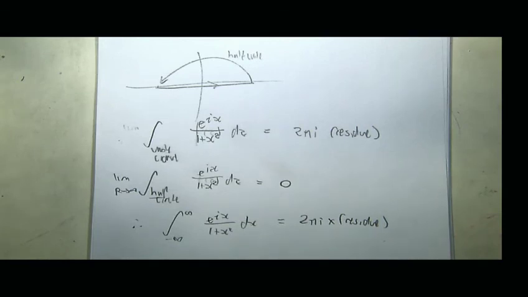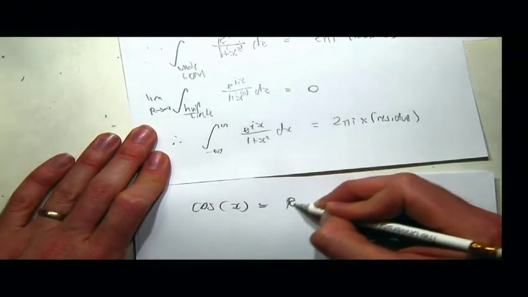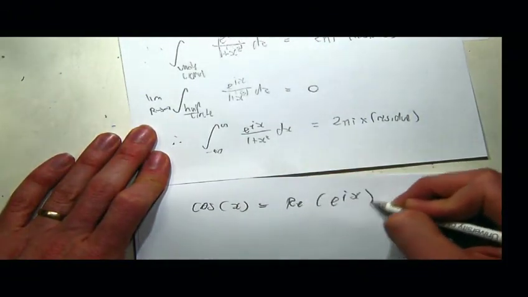Right. Okay. And then cos x is the real part of e to the ix.